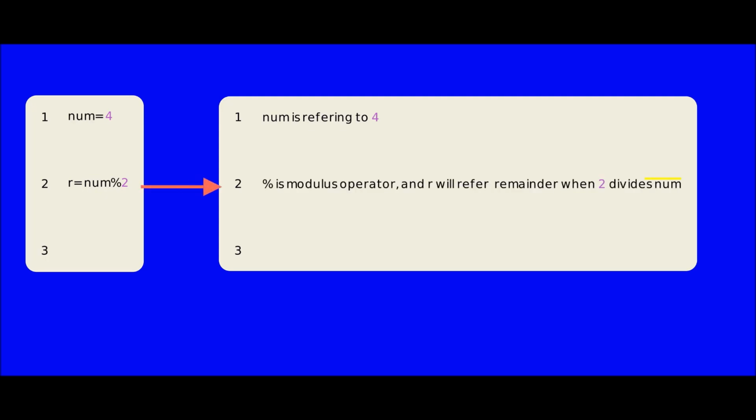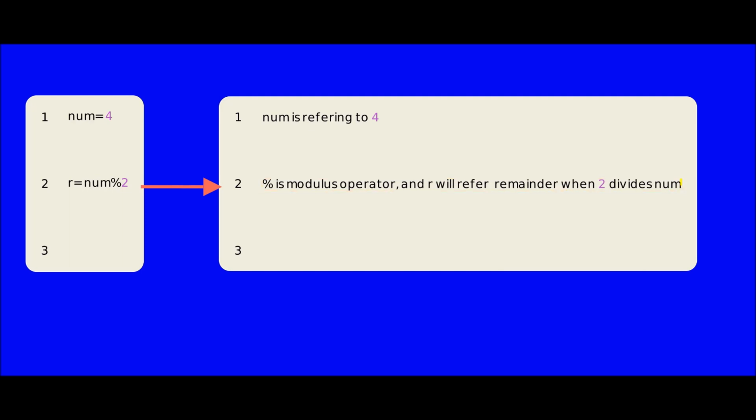But before checking whether a number is even or odd, first of all let us see what a modulus operator is. So here a variable num is referring to 4, and the expression is R assignment operator num modulus operator 2.